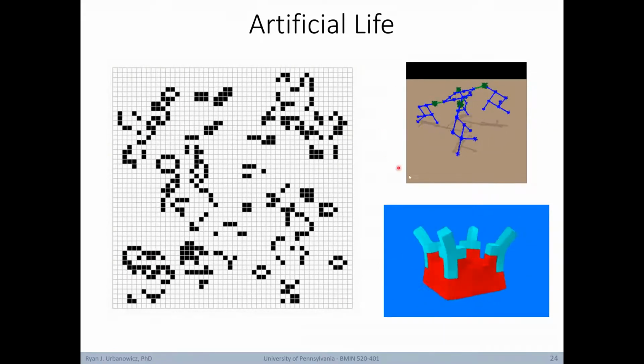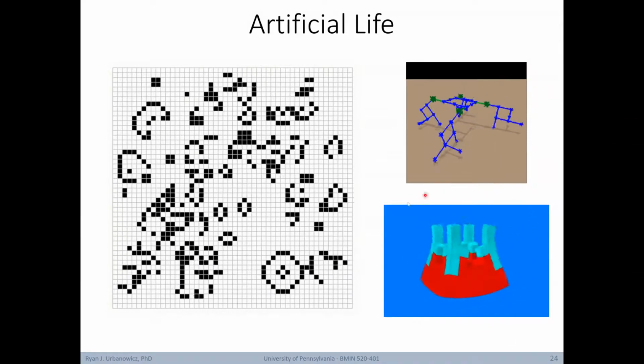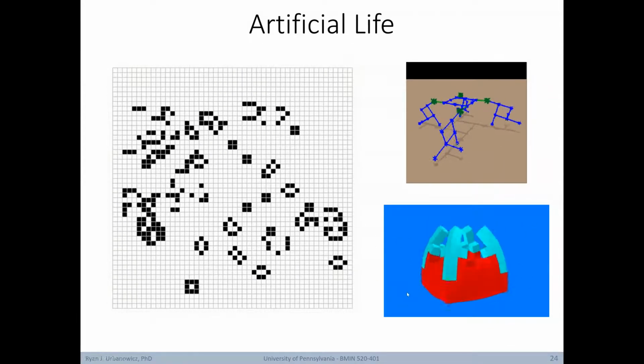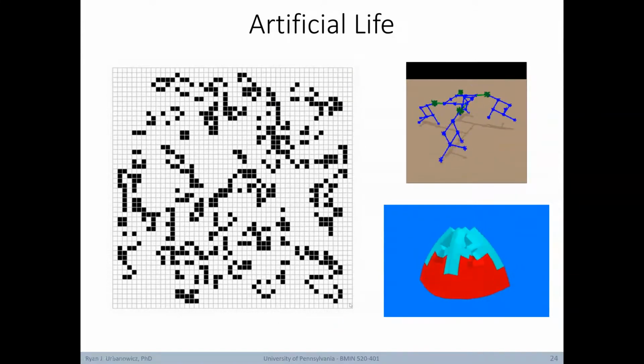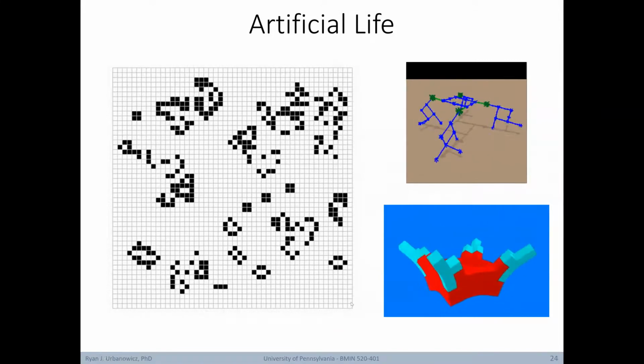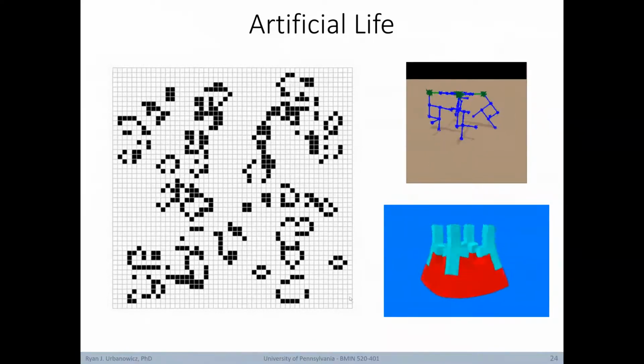We also have examples of trying to evolve different morphologies or locomotions in artificial agents to help them better navigate through an environment. Artificial life is a really cool and interesting area of artificial intelligence research, and if you're interested, I definitely suggest you take some time and dig around some of this literature.